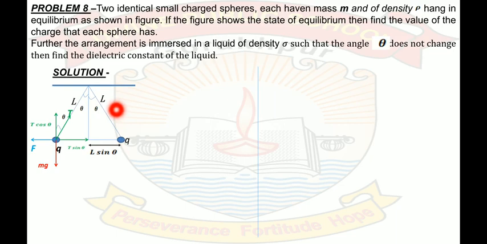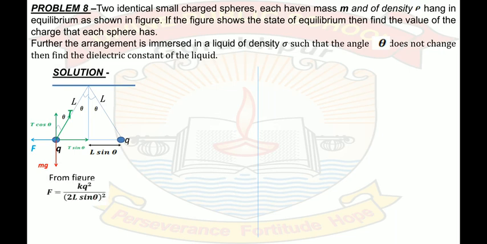Hypotenuse is equal to L. We have to find the value of perpendicular. If you apply sine theta, it is perpendicular upon hypotenuse, so perpendicular is equal to hypotenuse multiplied by sine theta. So this length will be L sine theta. So what was the distance between Q and Q? It will be 2L sine theta. Is that clear? Okay, let us move ahead now.